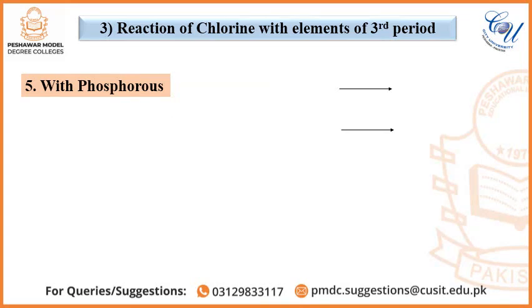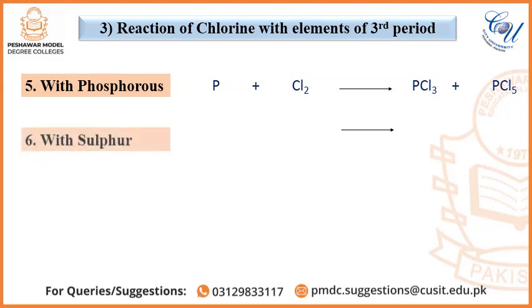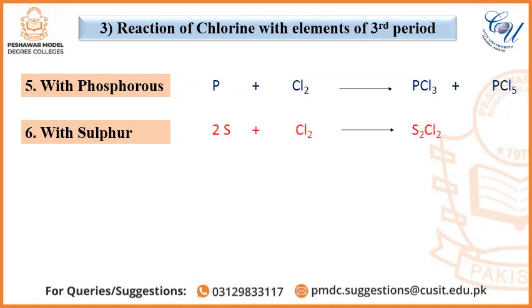Similarly, when chlorine was allowed to react with phosphorus, phosphorus trichloride and phosphorus pentachloride were formed. When chlorine is allowed to react with sulfur, it produces disulfur dichloride.